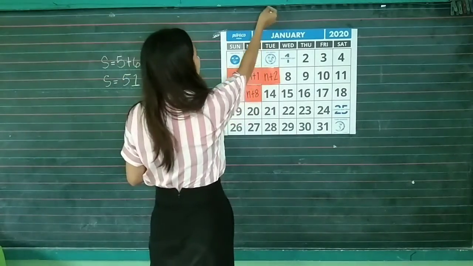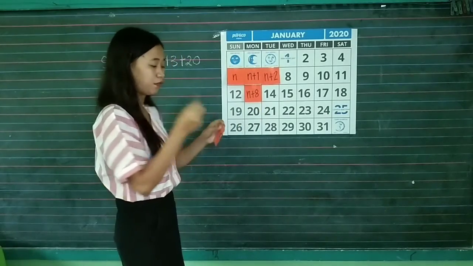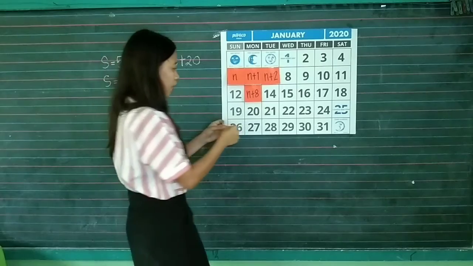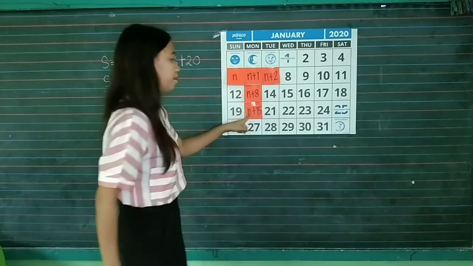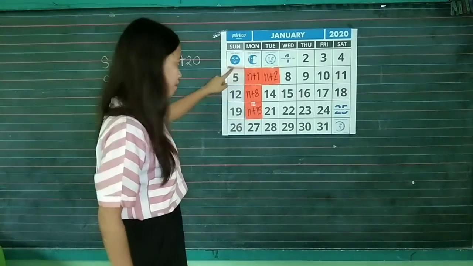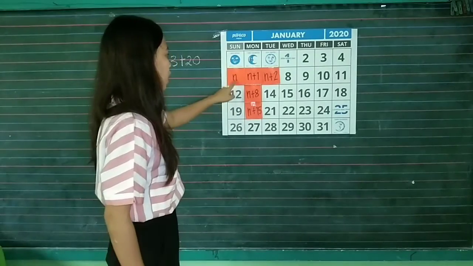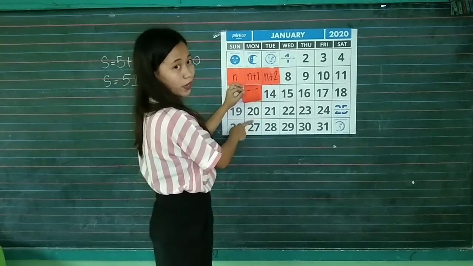So 20 minus 5 is 15. The difference is 15. So our fifth equation is n plus 15 because our smallest number is 5. There is 5, or 5 plus 15 is equal to 20.